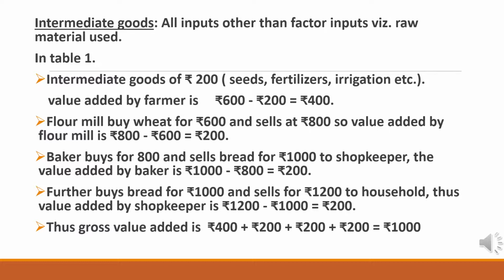Further, the shopkeeper will buy the bread for rupees 1000 and sell it for rupees 1200 to the household. Thus, the value added by the shopkeeper is 1200 minus 1000, that is 200. Hence, the gross value added is rupees 400 plus 200 plus 200 plus 200, that is rupees 1000 in total.